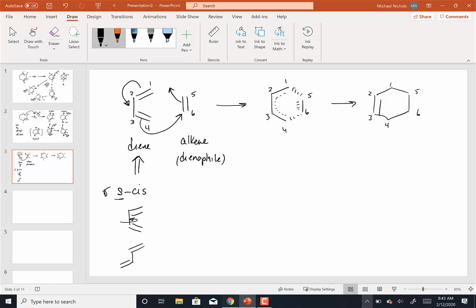So the reaction must be in the S-cis conformation. And the reason for that is what the reaction really looks like. My diene, if I try and look at it sort of flat, those are all my unhybridized p orbitals, because they're making up this double bond and this double bond.